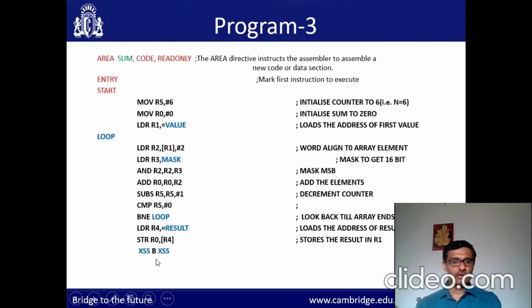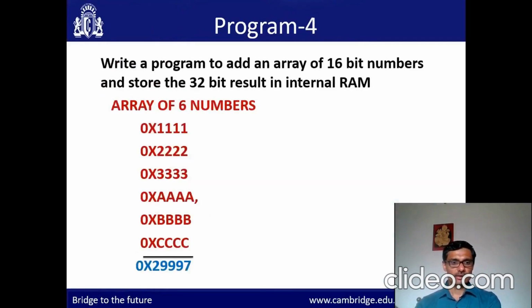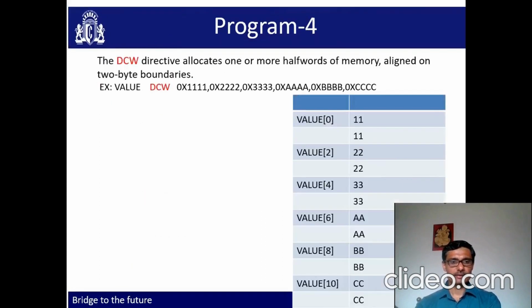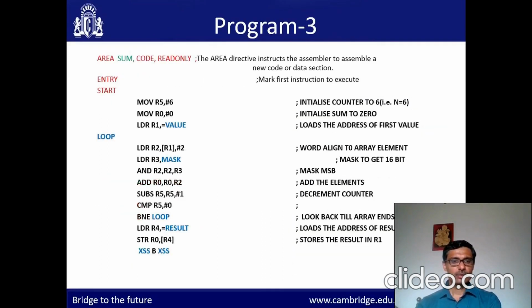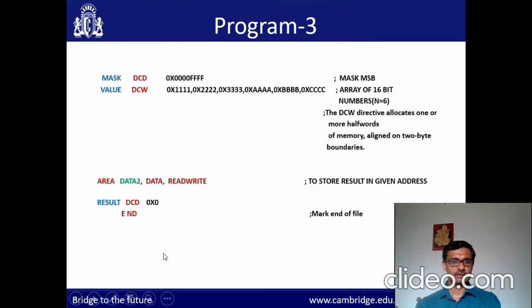The new value of result will be the sum, the 16-bit array addition. In our example, it will be 29997 hexadecimal. 29997 will be available in R0 as well as in result.